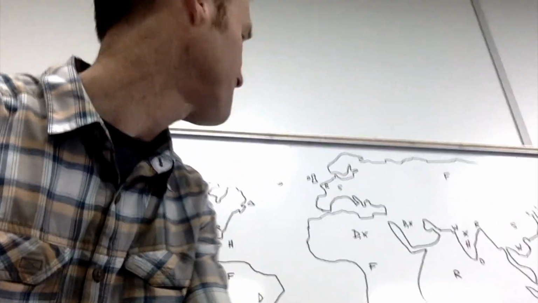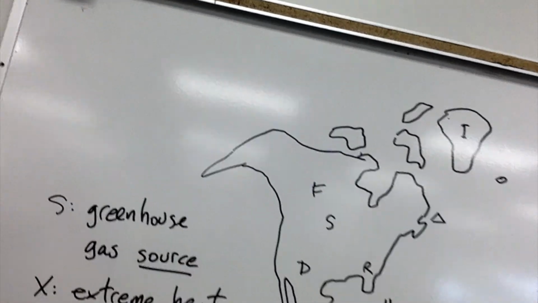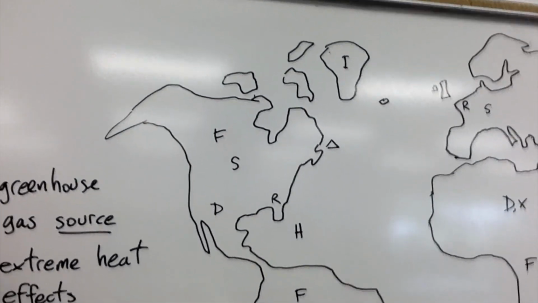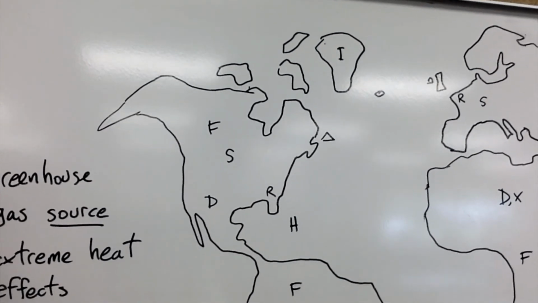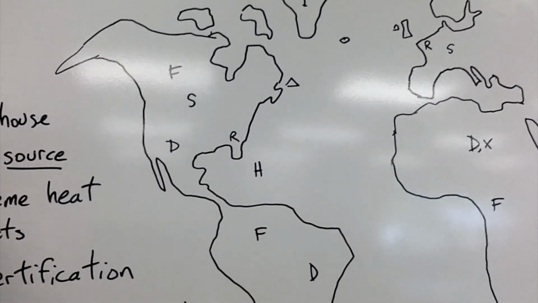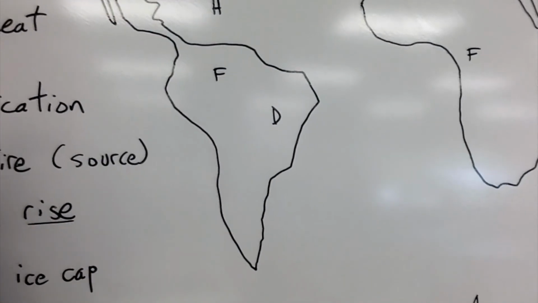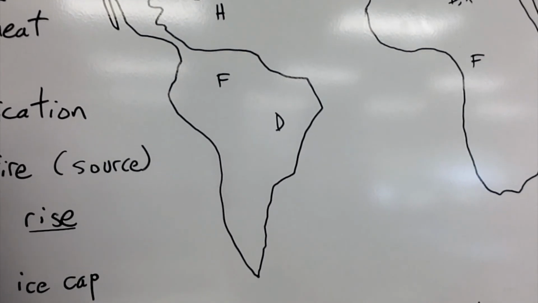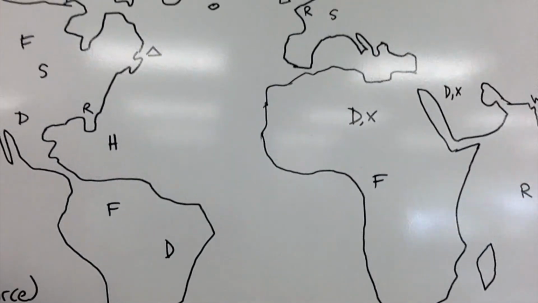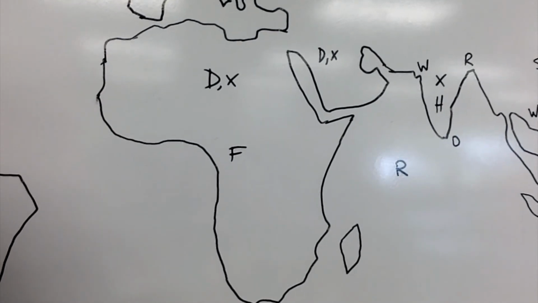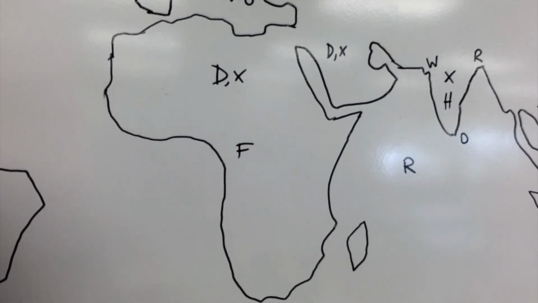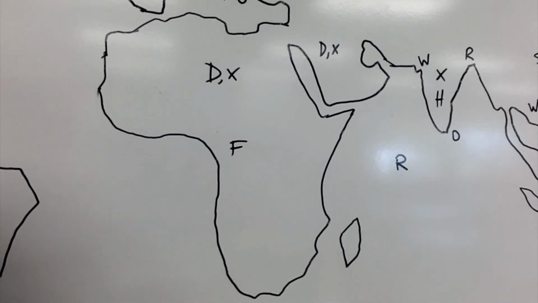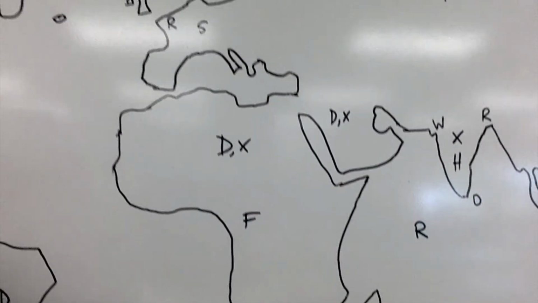If we look at North America, first of all, major source of greenhouse gas, forest fires, desertification, sea level rise, like in Florida, could be issues. Here's South America, ongoing forest loss, as well as desertification, could be an issue there. Africa, not causing the problem, but desertification and extreme heat events, as well as forest loss and fire as a source of greenhouse gases, a problem there.